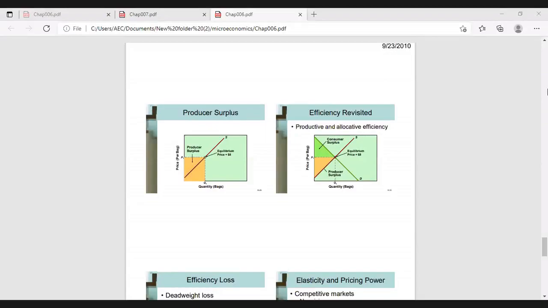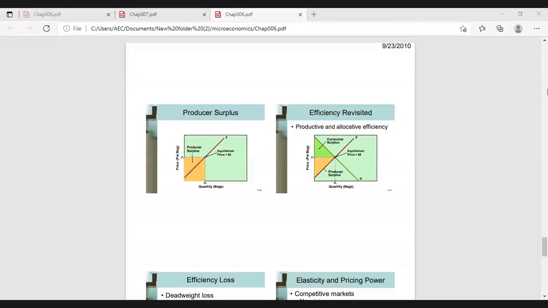So now we allocate our resources efficiently. What amount of this product does the society want? This equilibrium quantity is the level of this particular commodity the society wants, the desired quantity.